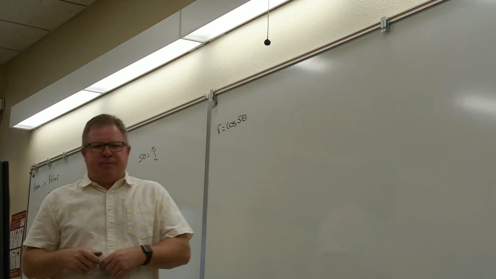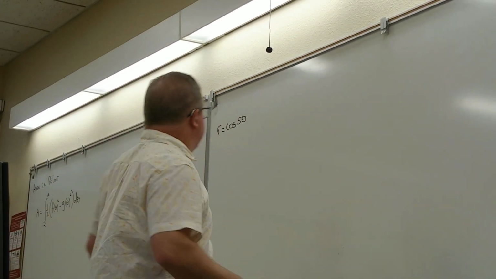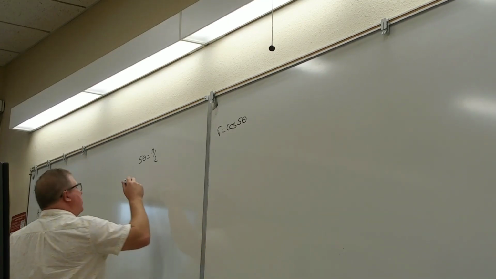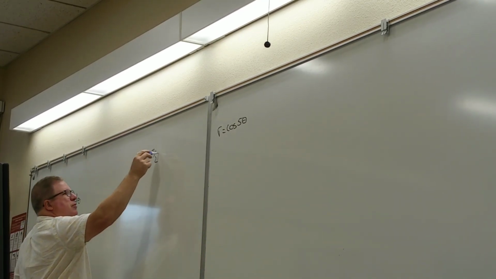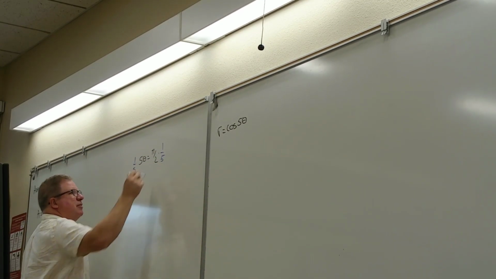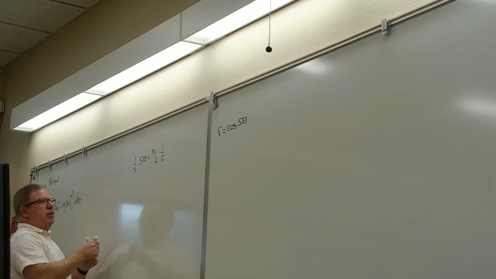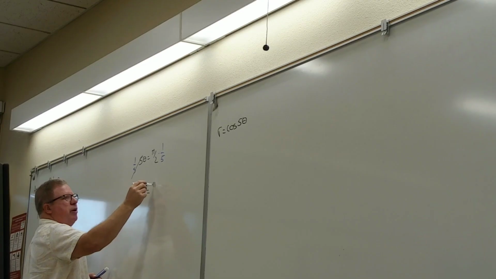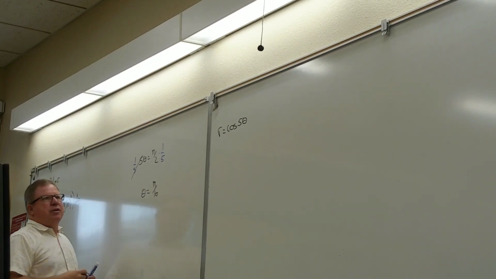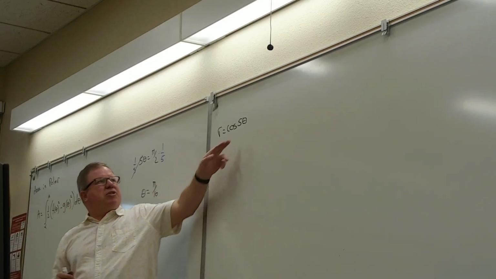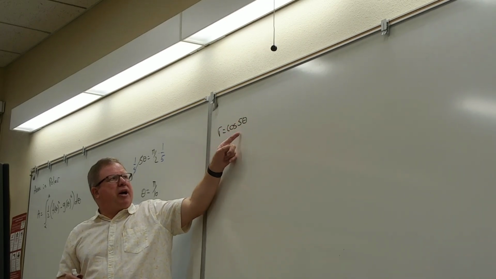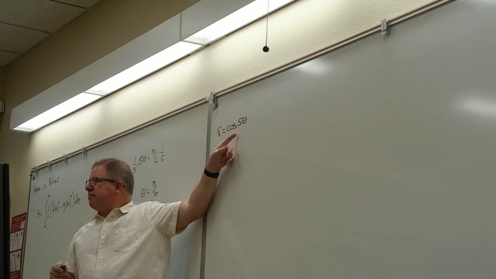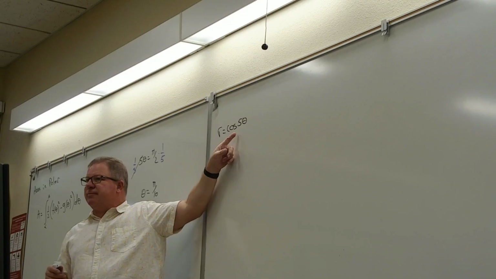Solve that. Multiply by 1/5 on each side. And we get theta equals pi over 10. Do you see that when we put pi over 10 in for theta, this will be pi over 2 inside of cosine? Do you guys see that?